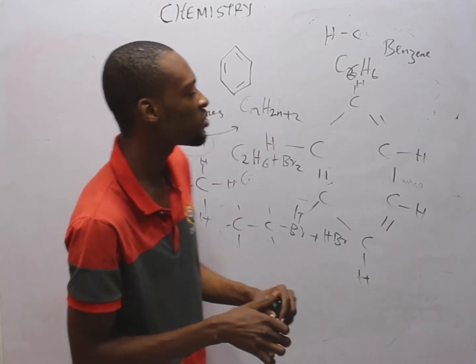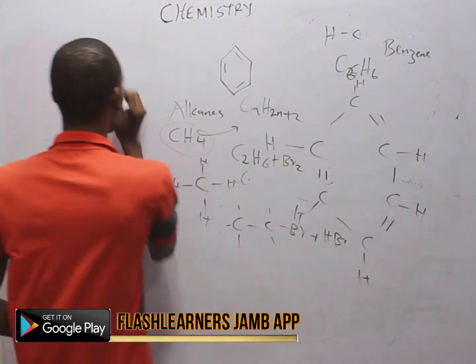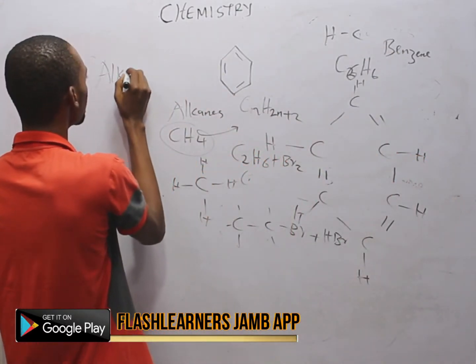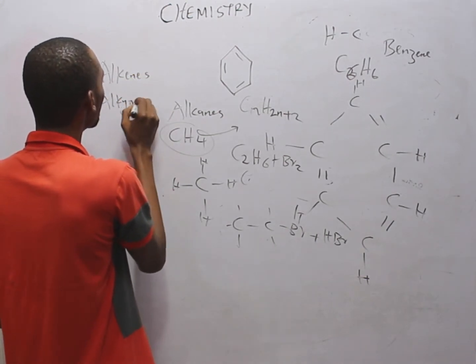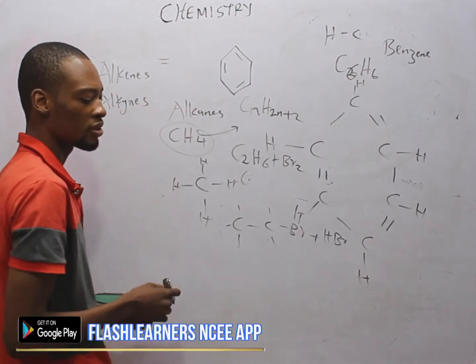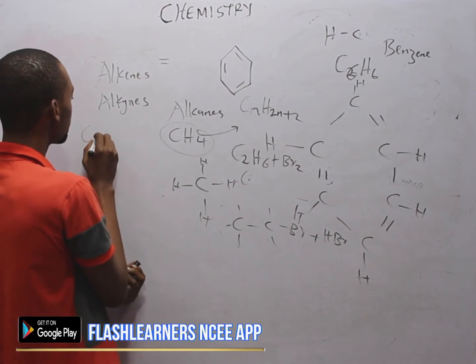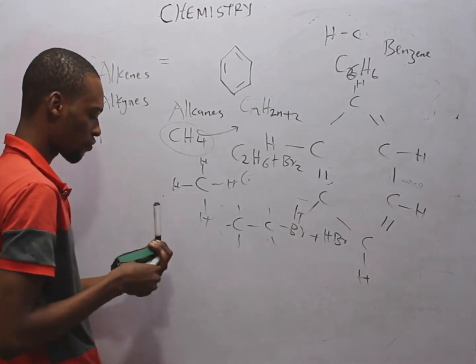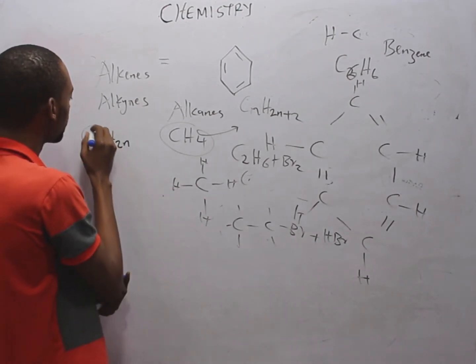But unsaturated hydrocarbons, examples are alkenes and alkynes, have a double carbon to carbon bond. The general formula for alkenes is CnH2n.